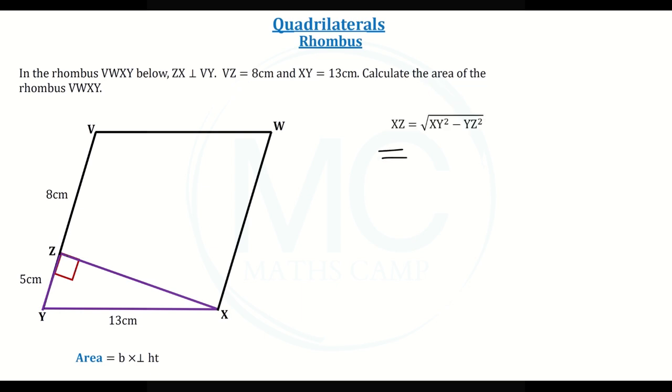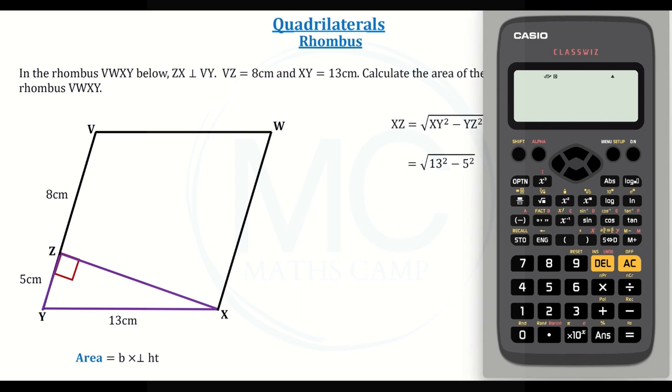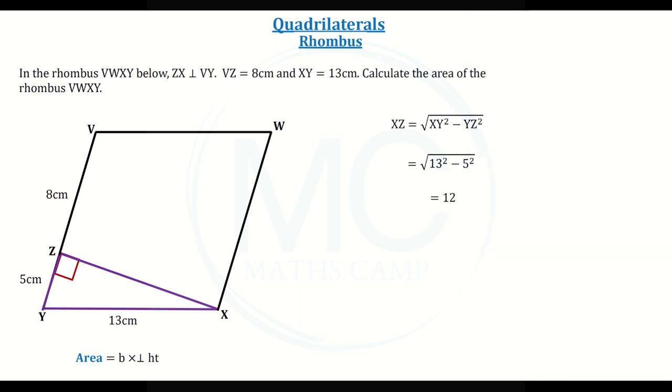XY is 13 centimeters, so we say 13 squared, minus the length of YZ, which we know is 5, squared, all under a square root. Now we can take our calculator. We say the square root of 13 squared minus 5 squared gives us 12. This is the length of XZ.